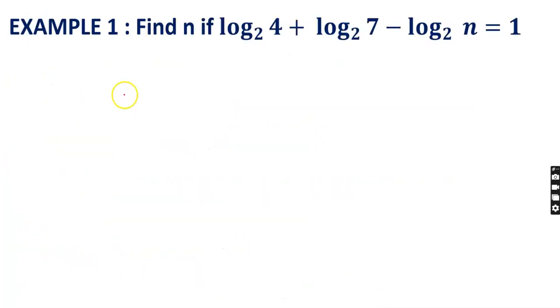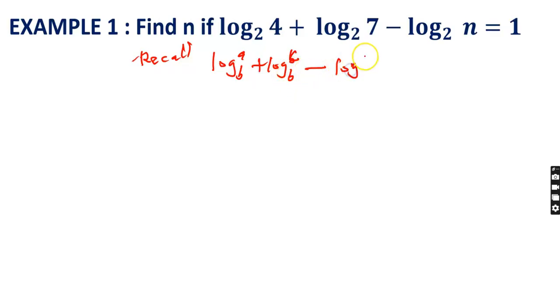Let's apply that law. Recall that log a base b plus log c base b minus log d base b gives us log of a times c over d, base b.